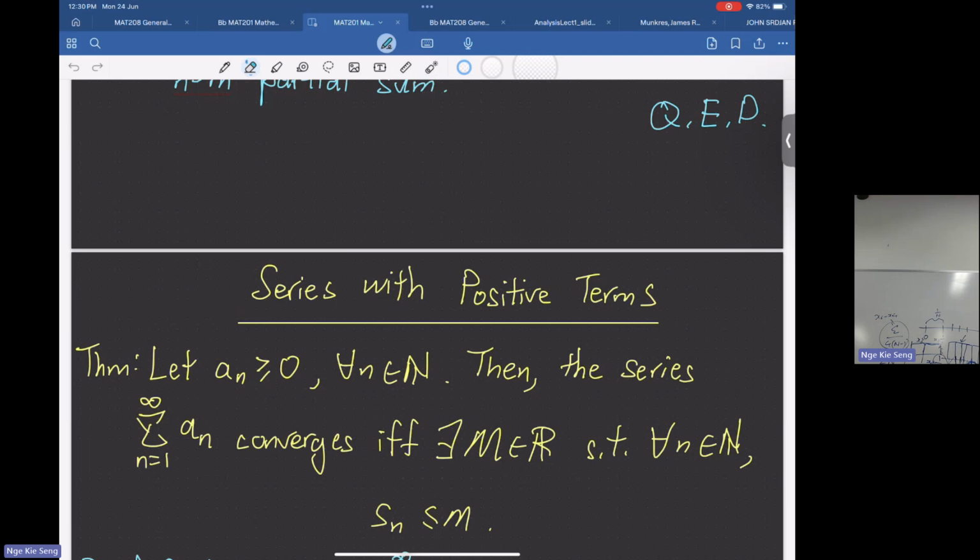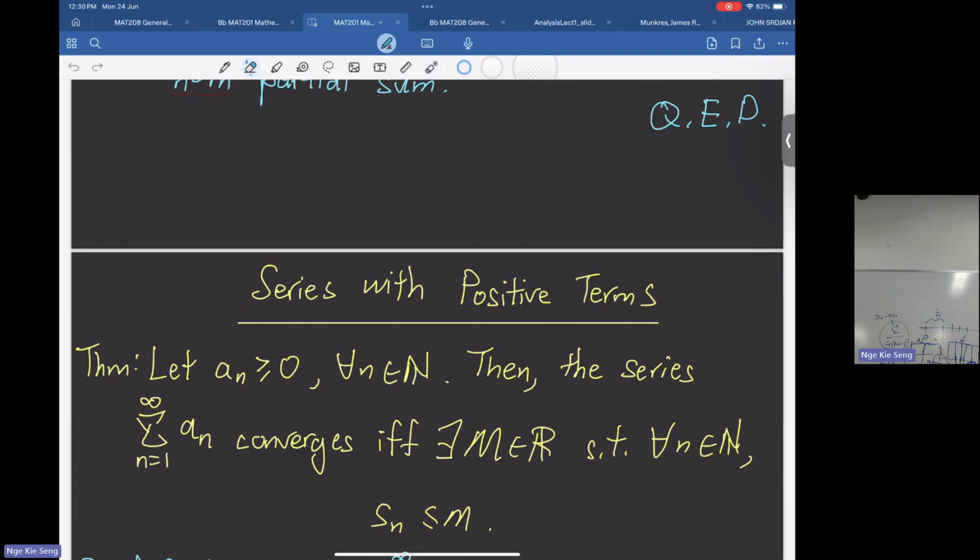But for the other direction, how to show it? If the infinite series converges already, can you find an M that bounds every S_n? What M works? The series converges, which means the sum is a number. Just take the infinite sum.